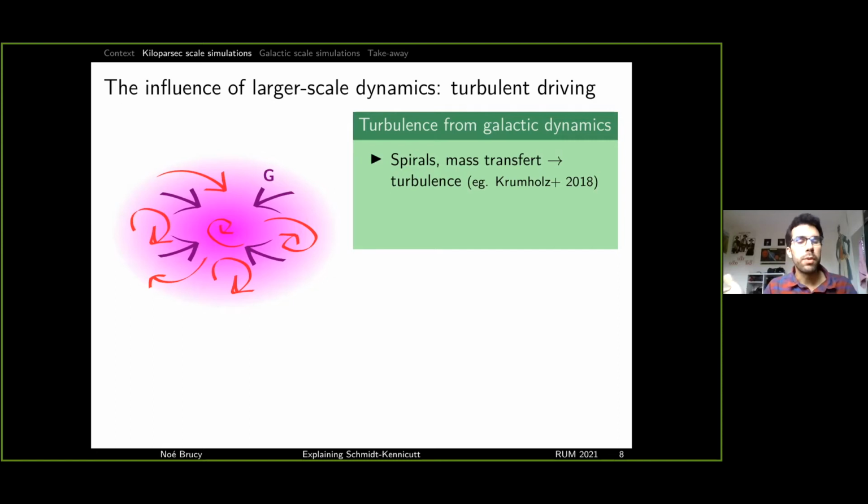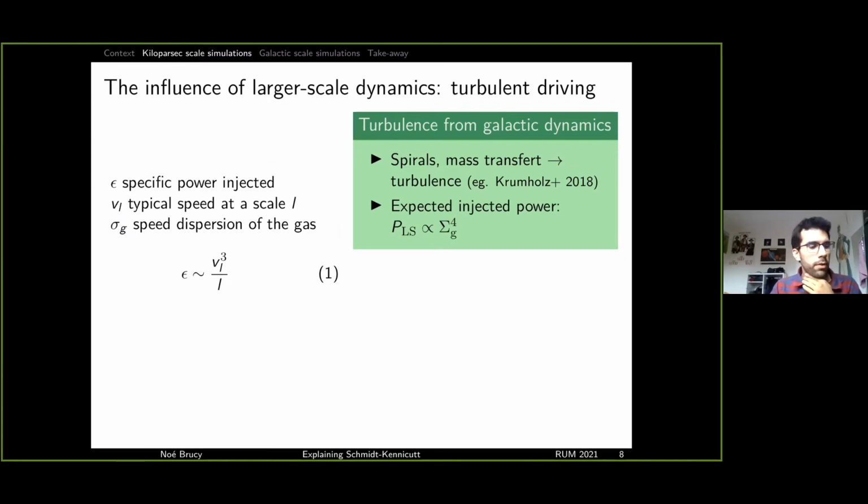You can also imagine the shear created by differential rotation, or accretion from outside the galaxy. All these processes are expected to create turbulence at the kiloparsec scales, and this turbulence will be mainly two-dimensional due to the disky nature of the galaxy.